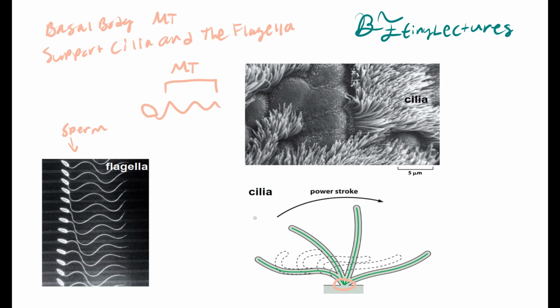In this example, we have the cilia. The cilia is different from the flagella. They're both made from microtubules, but the cilia is anchored to the plasma membrane. The cilia just propel items to different areas. So let's say that we have a hot dog, or some tacos.